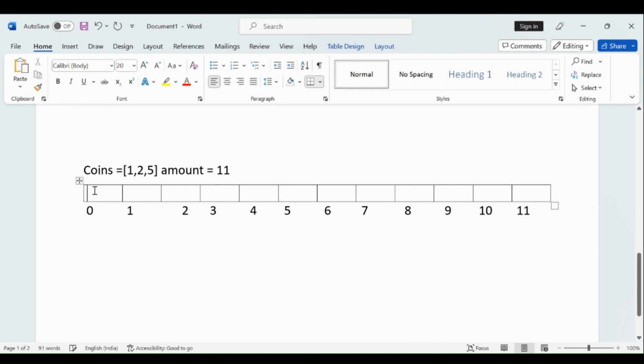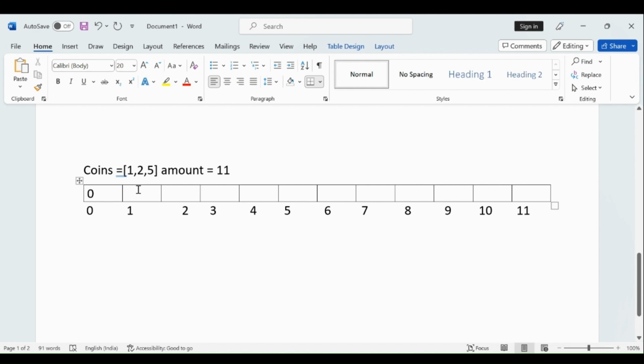Now let's consider, to reach the amount 0, what will be the minimum number of coins that you can use? Your answer will be 0, because we do not need any coin to make up the amount 0. Now for coin 1, if I am trying to utilize it for the amount 1, what will be the minimum number of coins that I can use? In this case, your answer will be 1, as you use only one coin.